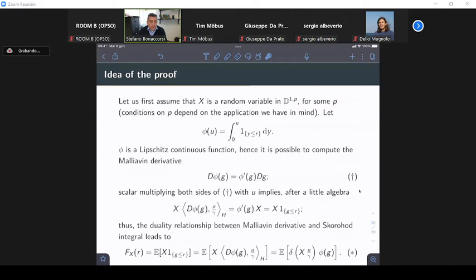And now we again use the fact that f is the expectation of the random variable that is on the right of this equality, and then you use the duality between Malliavin derivative and the Skorokhod integral to get the formula that is written here.